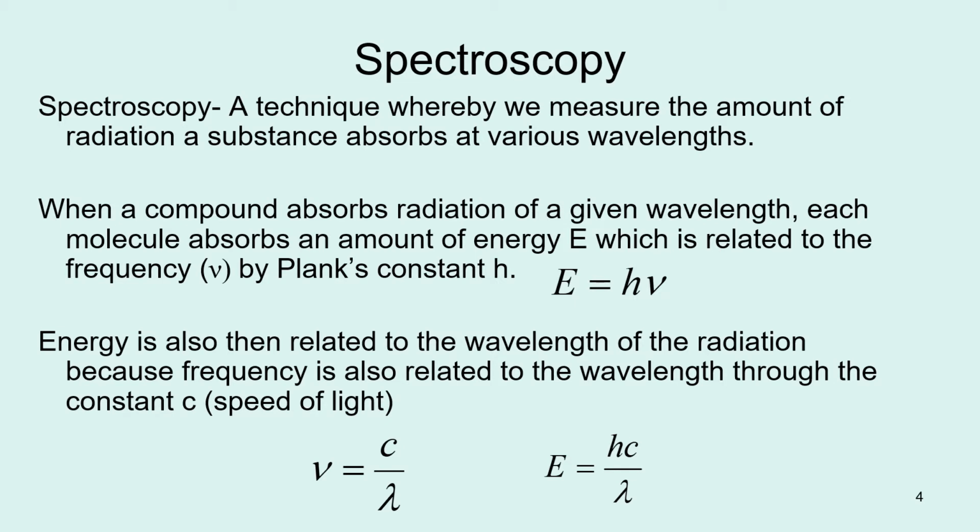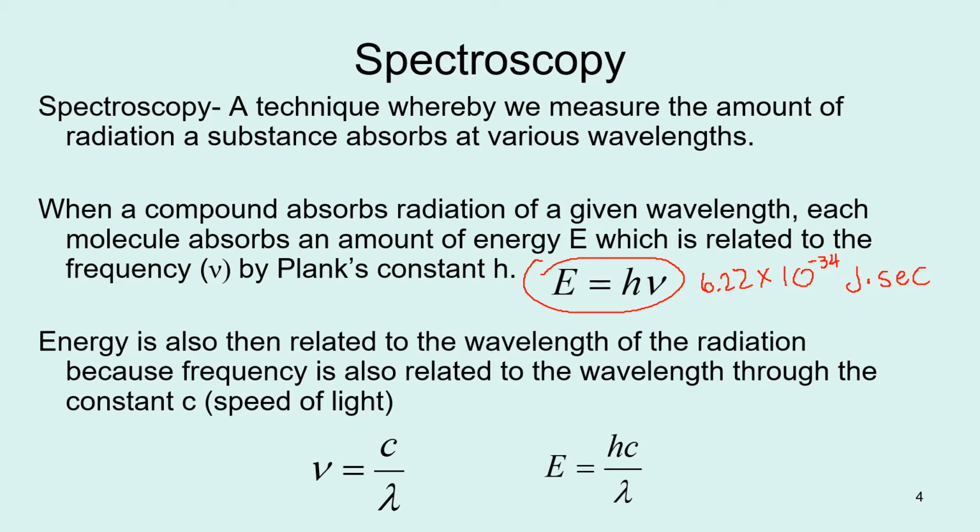Anyway, this equation right here shows us how energy and frequency are related. So we said they're directly related. As frequency increases, energy increases, and the constant is called Planck's constant, and it's 6.62 times 10 to the negative 34th joule seconds.